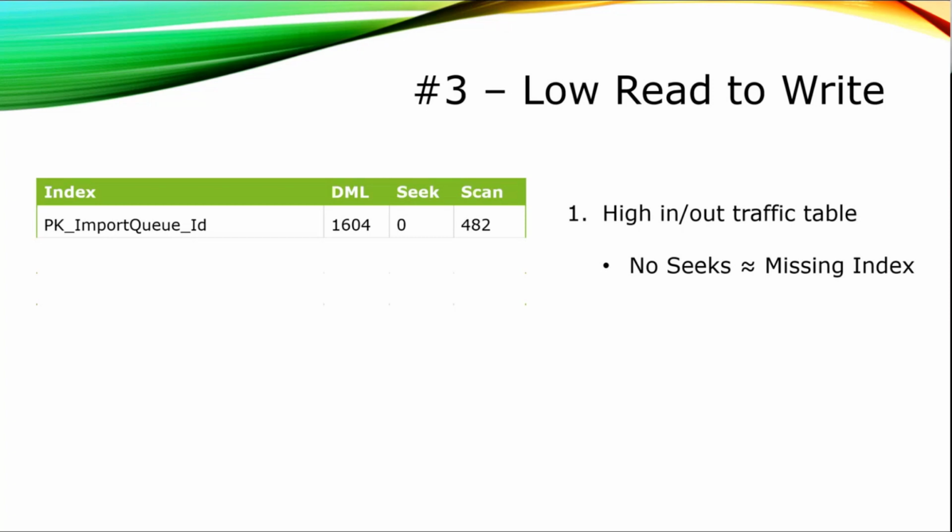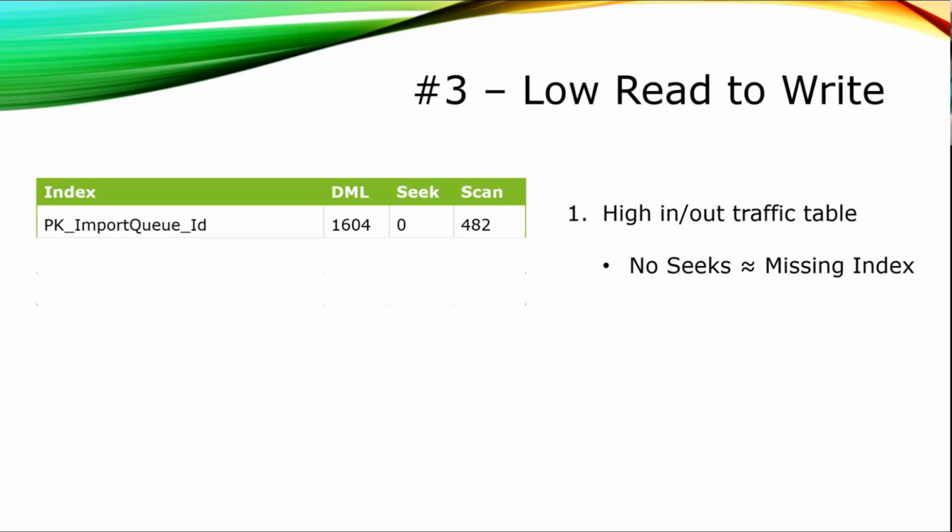Okay. What does it play here? When you have these high in and out traffic tables and these scans, you might notice that without a seek, there's room for a missing index, and that's where analyzing your queries comes into play. It helps us out. If we go through, we see queries against this import Q table that are just insert the records, delete the records, probably don't want to mess with it at all after that.